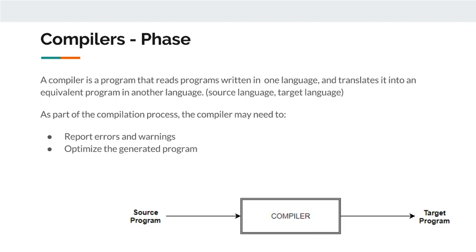As part of the compilation process, the compiler may need to report warnings and errors, and most of the time we also need to optimize the generated code, because compilation is not just about translating from one language to the other. We also need to consider what we can improve while generating the code. It's really bad if you have a compiler that compiles from one source language and generates some target language, and when you run it, it runs slow.